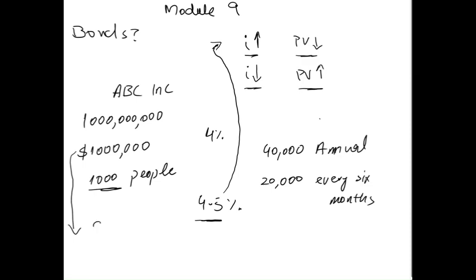Let's say it comes out to be $990,000. So what they are saying is that the present value today of this future $1 million plus the interest should be $990,000 and not $1 million.